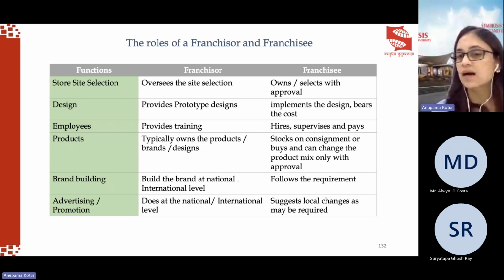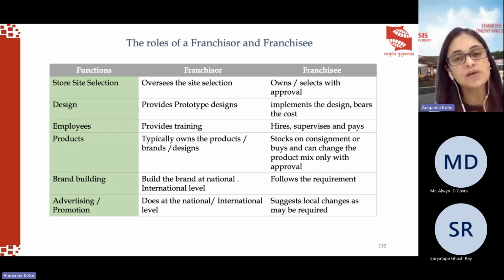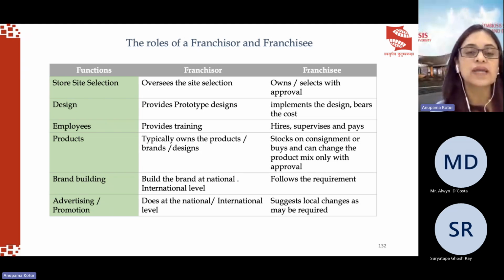And the employees are all hired by the franchisee. They're supervised and paid also by the franchisee. But what the franchisor could do is give them training from time to time, because if it's a Lakme salon, then naturally you would not know whether it's a franchisee or a company owned outlet.